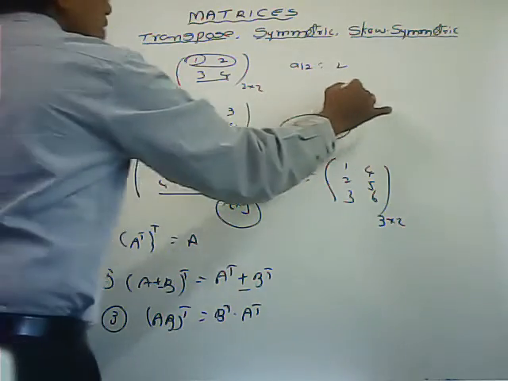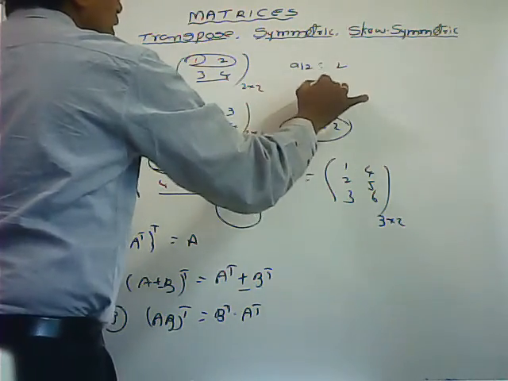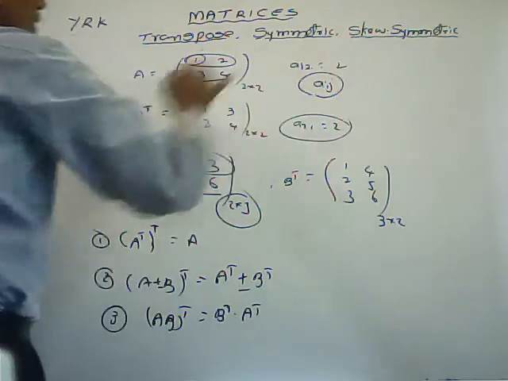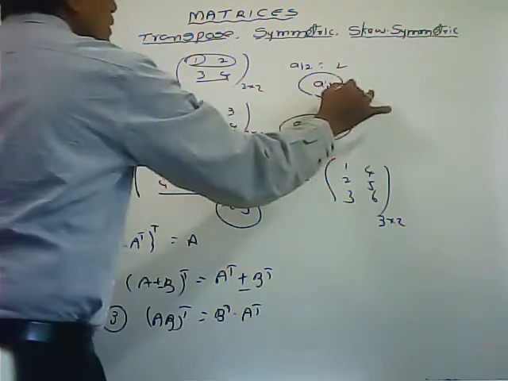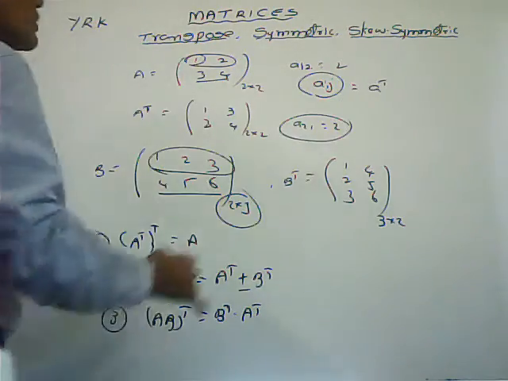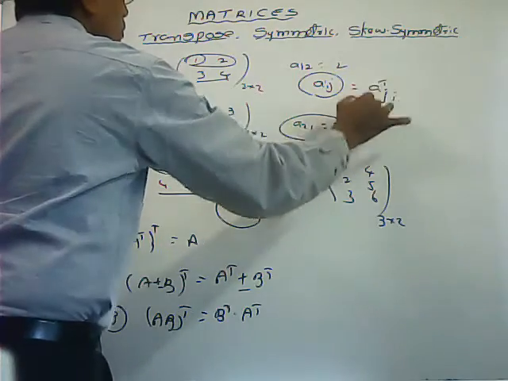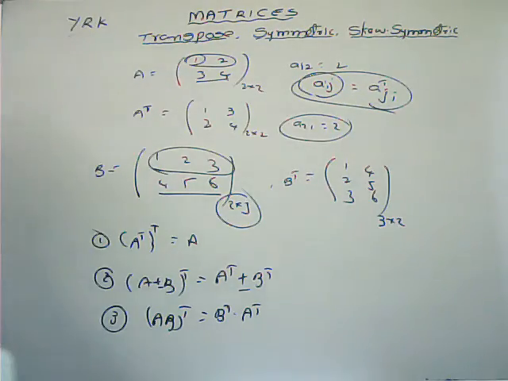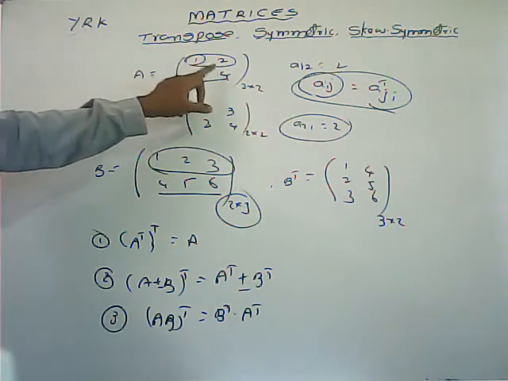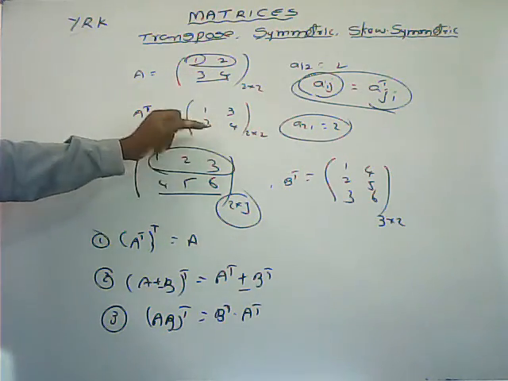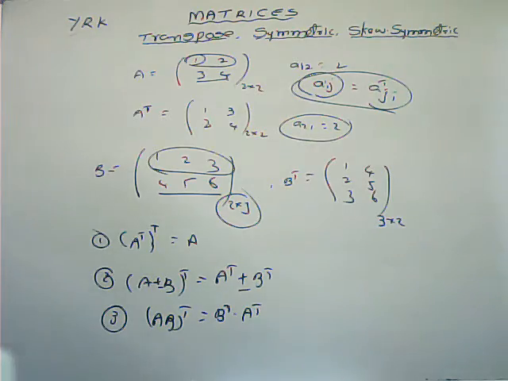So in A, the ith row jth column element is equal to, in the transpose, the jth row ith column element. Both are equal only. By observing A and A transpose, the ith row jth column element should be equal to the jth row ith column element.